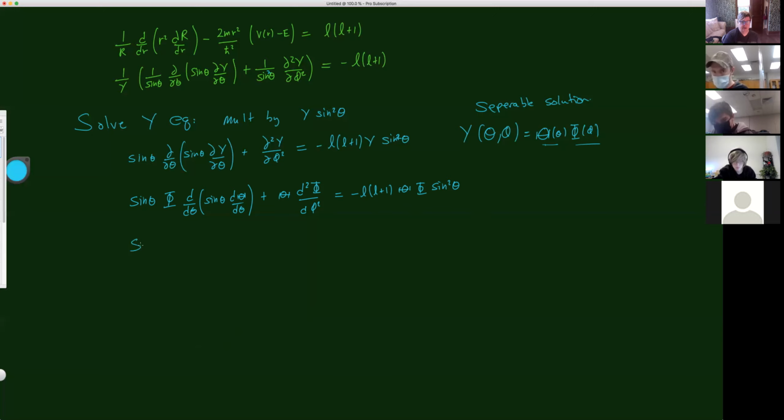So let's write it again: sine theta over capital theta d by d theta of sine theta d capital theta d theta, plus 1 over capital phi d squared capital phi d phi squared equals minus L(L+1) sine squared theta. Okay.